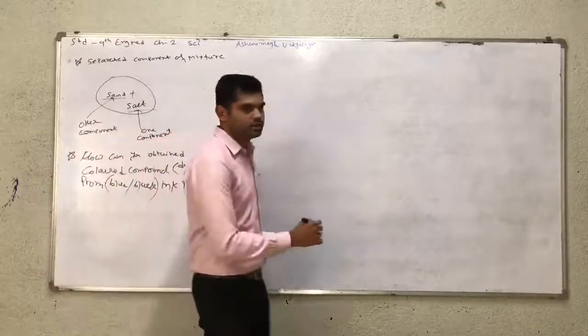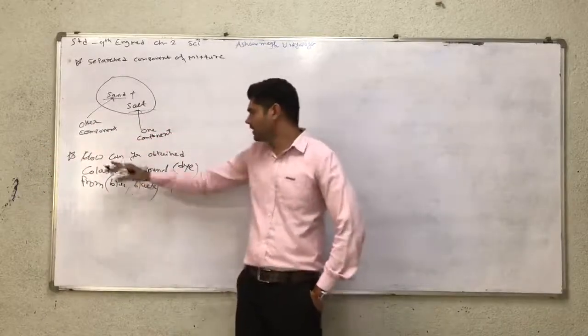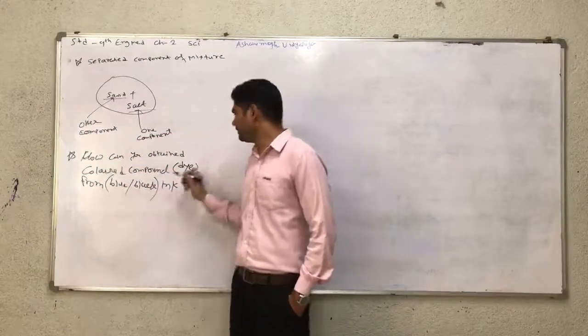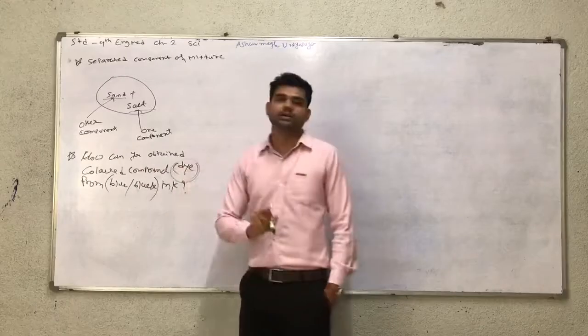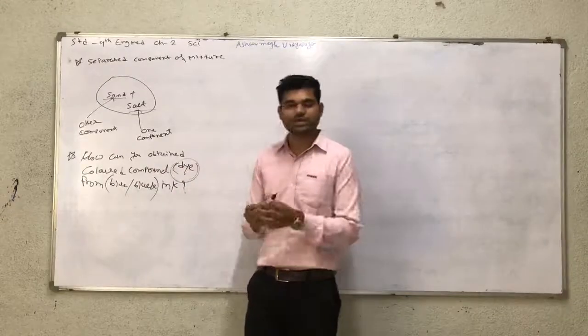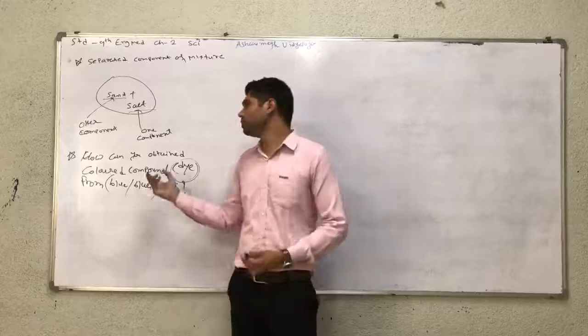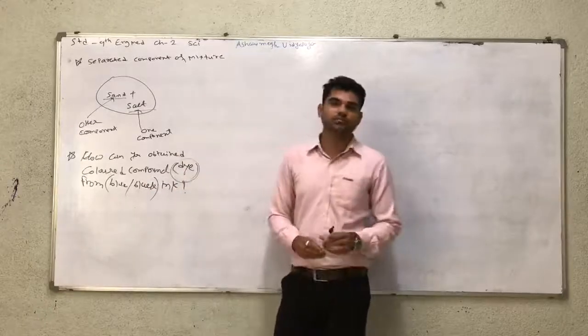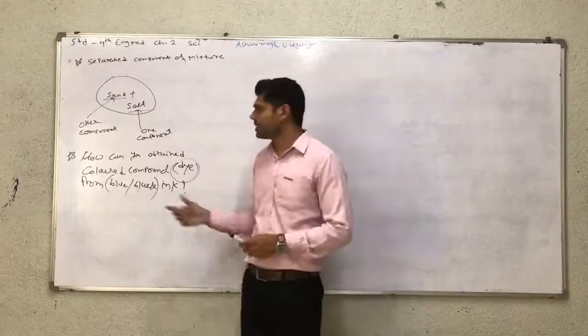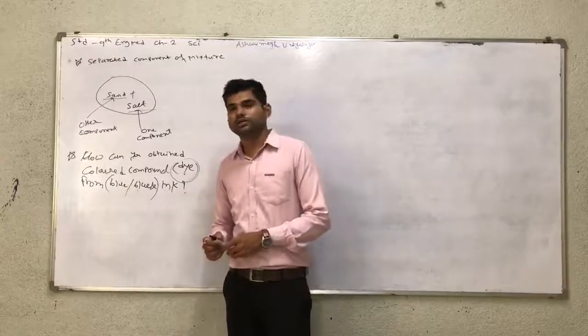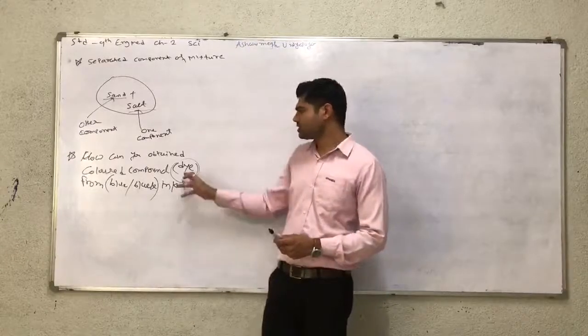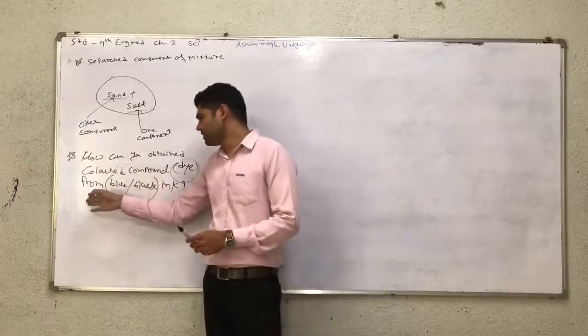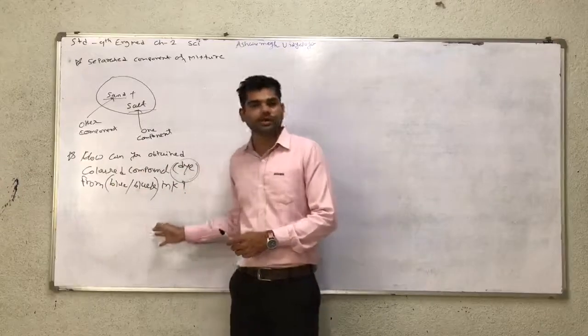In this topic we have to learn how to obtain the color compound. A black marker uses black ink, and a blue marker uses blue ink. So how can you separate the ink from this mixture? The dye compound, that is the color compound, is separated from blue or black ink.